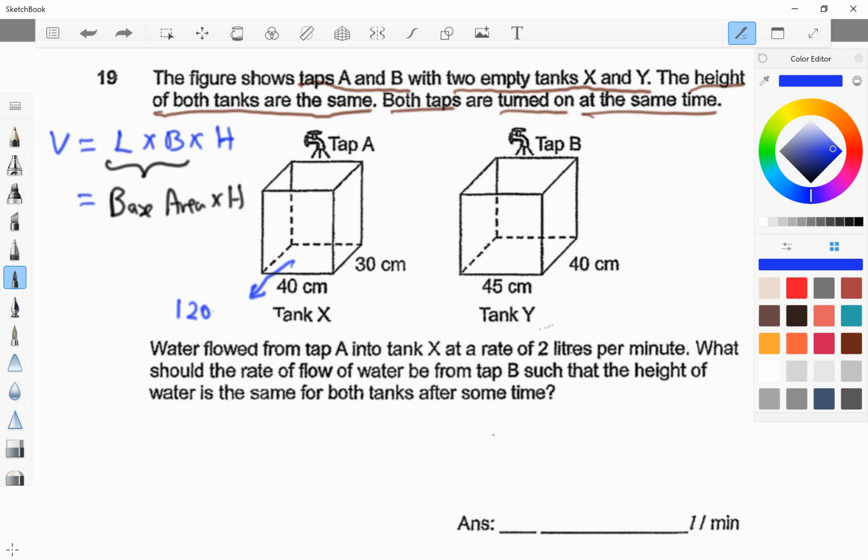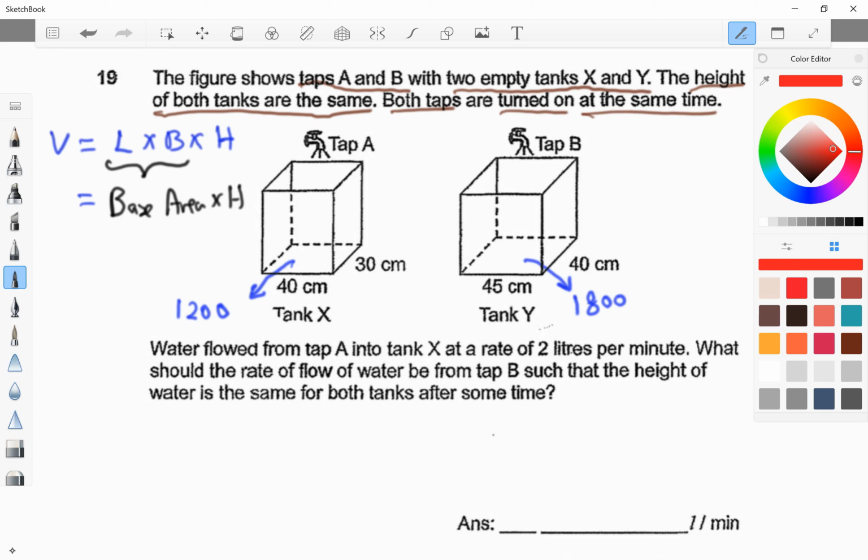And the base area for tank Y is actually 45 times 40, which works out to 1800. What is interesting to note is that if water flowed from tap A into tank X at a rate of 2 liters per minute, we have to ask ourselves, in 1 minute, what would be the height for tank X?